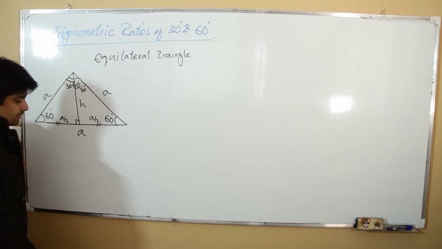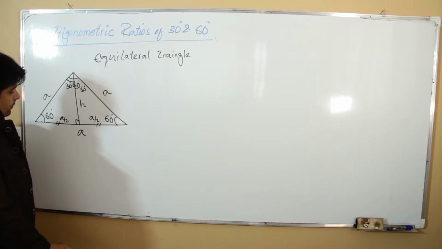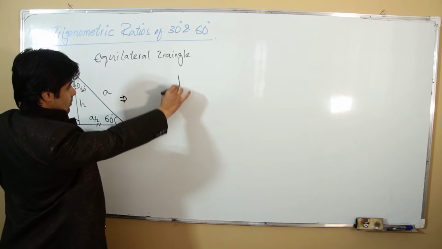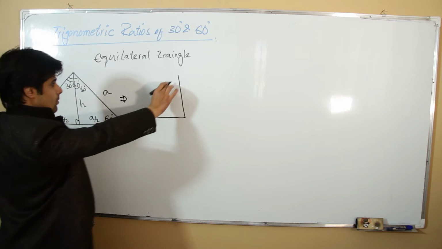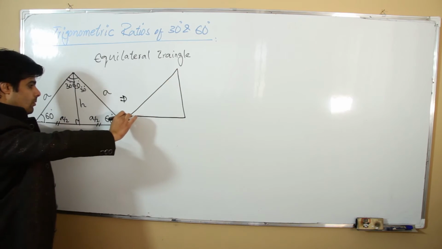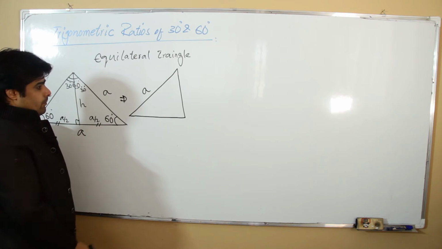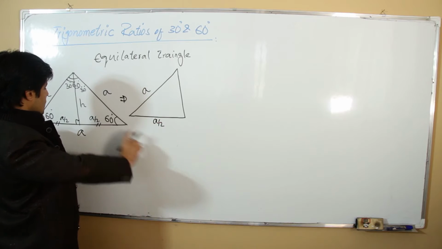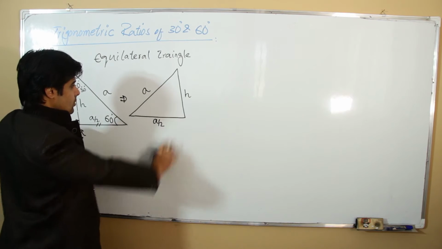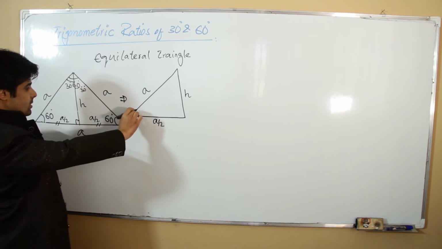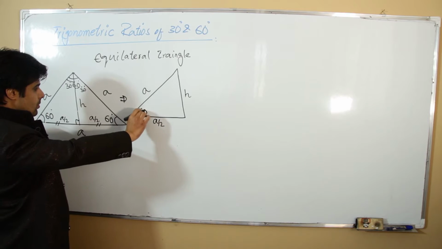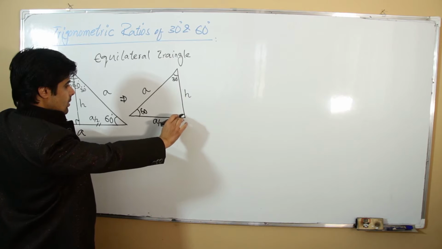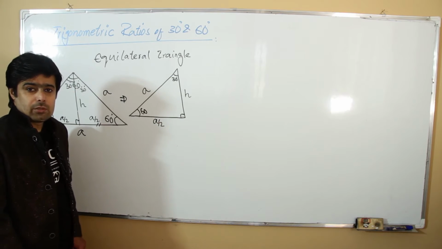Have you got it? Yes. Now, if this triangle is made like this one, this is called A, this one is A divided by 2, this side is H, and this is 60 degree, this one is 30 degree, and it is a right triangle.